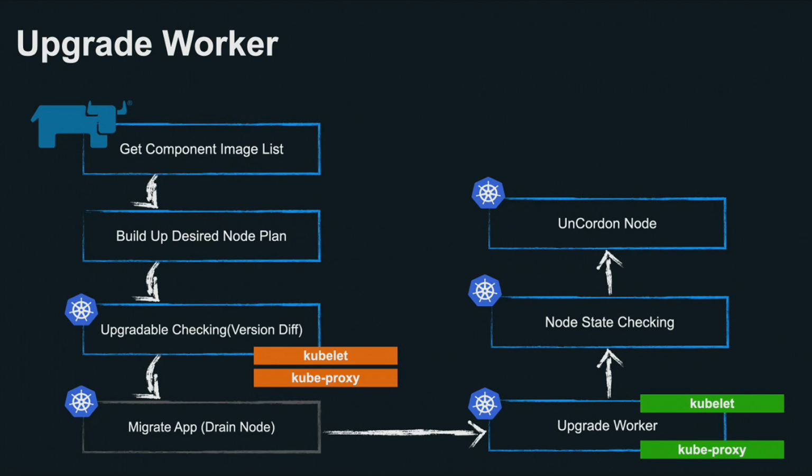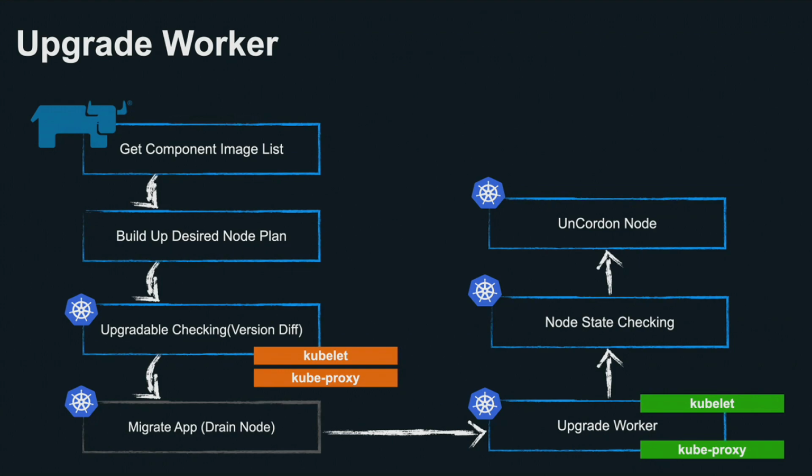It also includes some necessary files that Rancher has to create on each worker host, like the Kubernetes server certificate files. Then it will check whether the kubelet and kube-proxy need to be upgraded by diffing the expected image version and the actual image version.